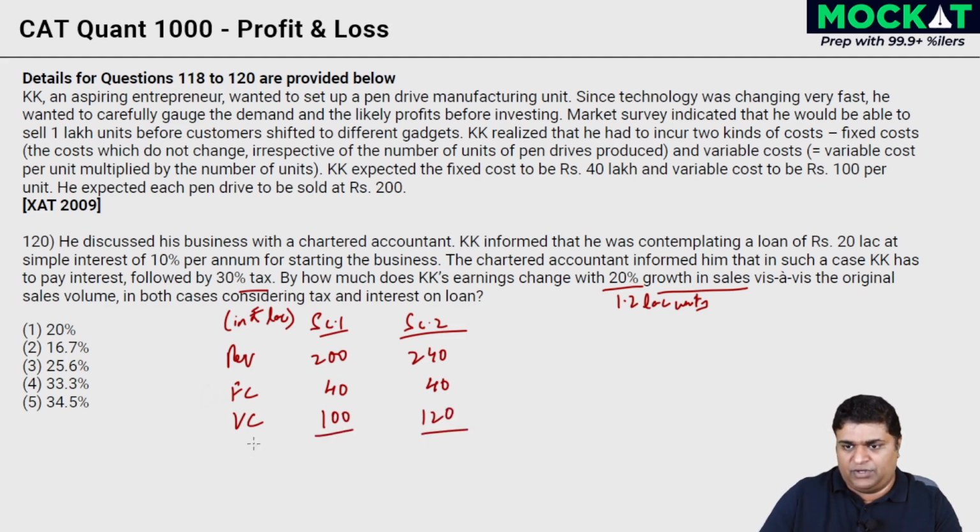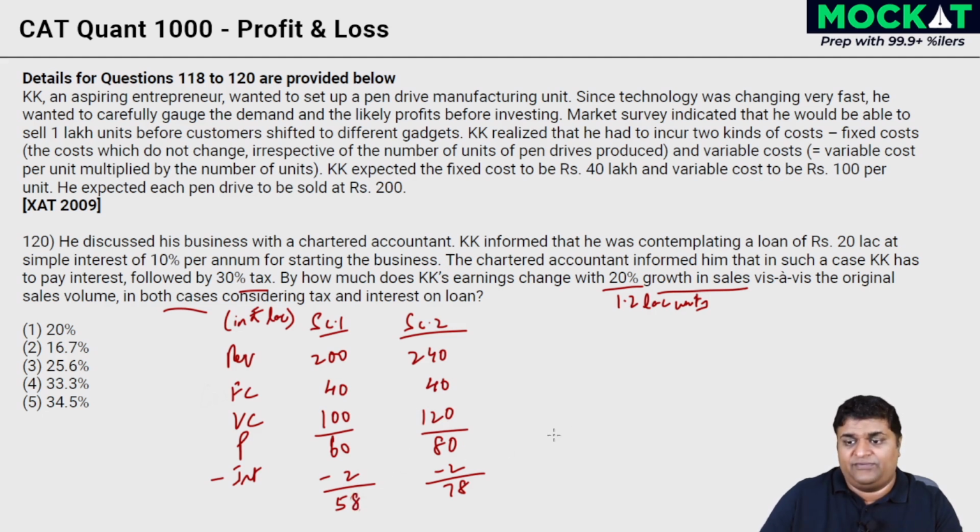Now, what's going to be the profit? 200 minus 140, that's 60, we had it earlier. 240 minus 160, that's going to come to 80, minus the interest on the loan, because in both cases you have interest on the loan. 20 lakhs is the loan, 10% is the interest, 10% of 20 is 2. So minus 2, and we get 78, and in this case we get 58.